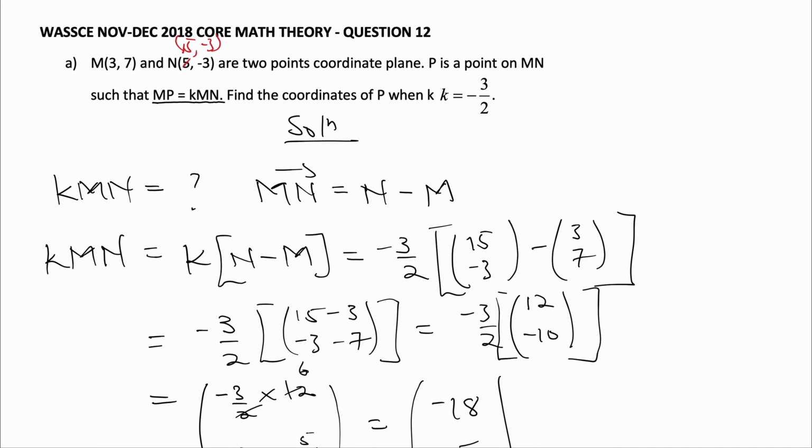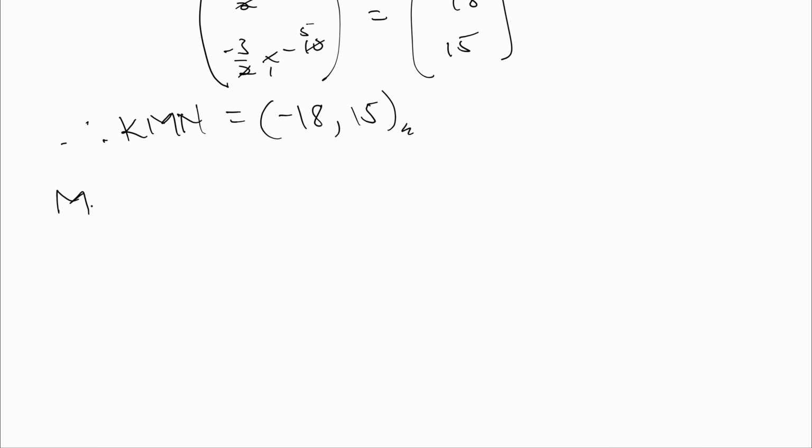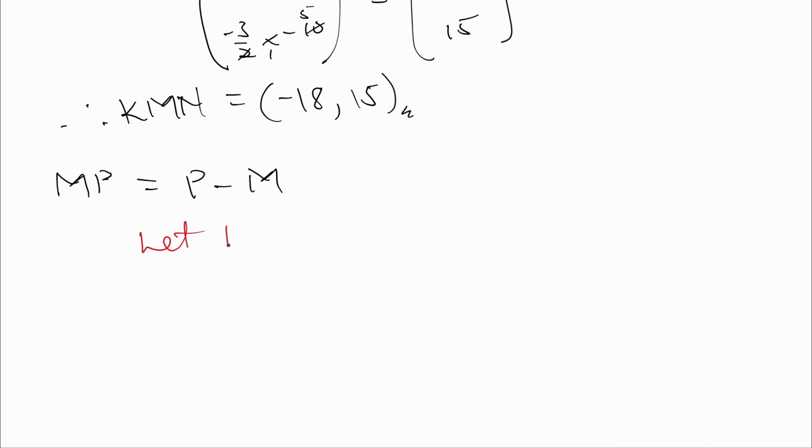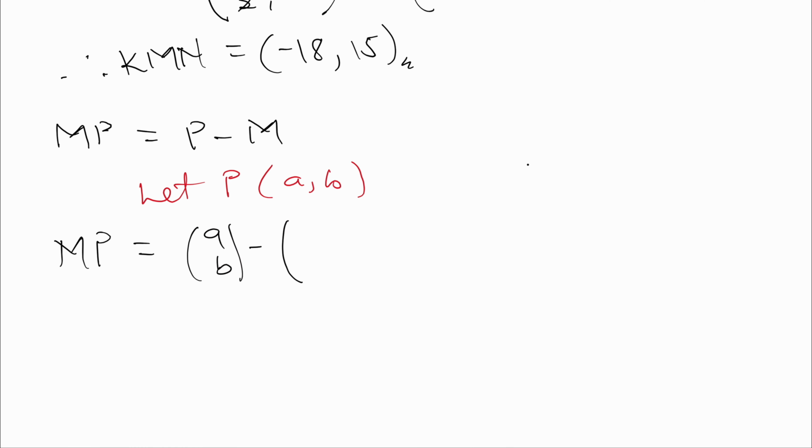So let's find MP. MP is equal to P minus M. But we don't know P. We know only M. So we say, let P be (a, b). So MP will be equal to (a, b) minus M, which is (3, 7), and this is equal to (a - 3, b - 7).